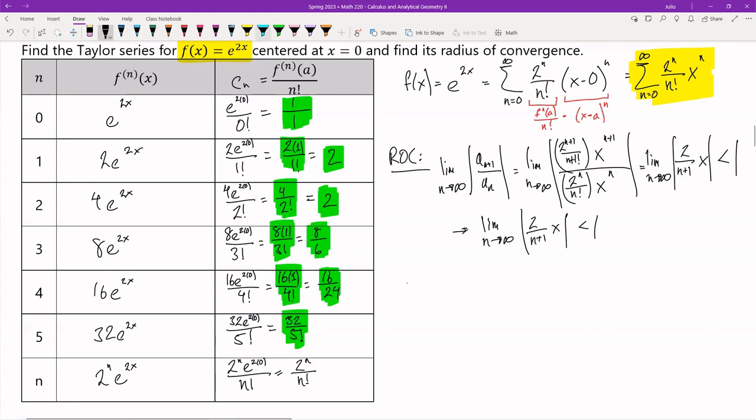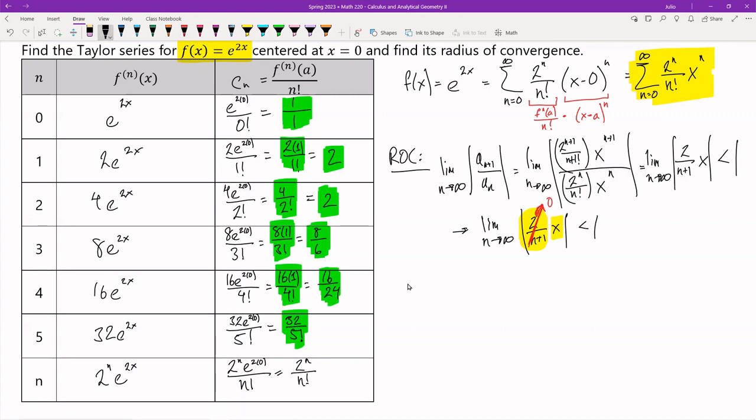Now notice what happens. x can be any value. The n plus 1 that's on the bottom, as n goes to infinity, this whole thing goes to 0.